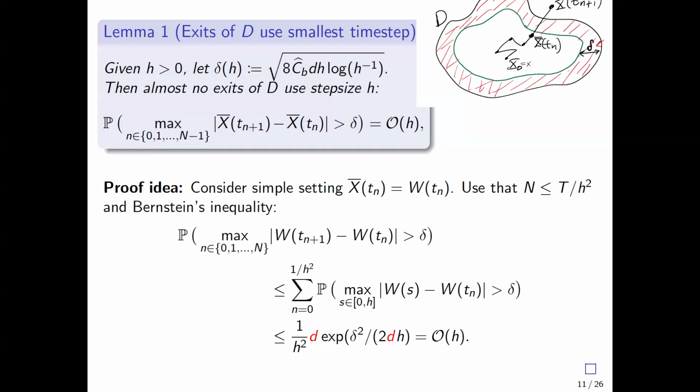Okay, and then there is a result now, which is called Bernstein's inequality, which means that I can relate this probability to an exponential of delta squared divided by what I have here. And when I choose my delta to be square root of h times log 1 over h, I get precisely what I wanted to achieve here.